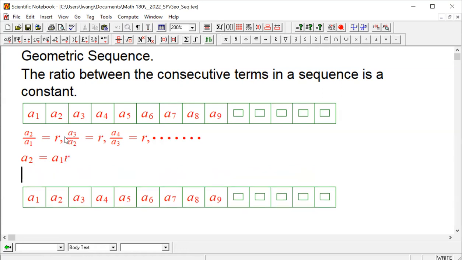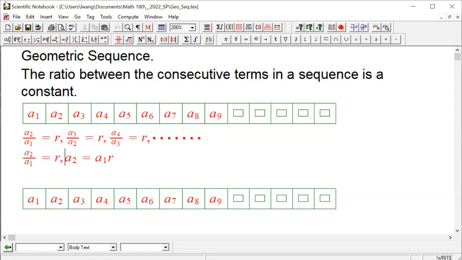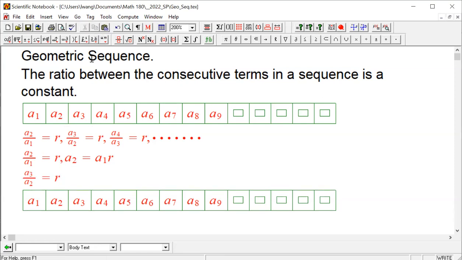And from a sub 3 over a sub 2, we multiply both sides by a sub 2 and get a sub 3 equals a sub 2 multiplied by r.